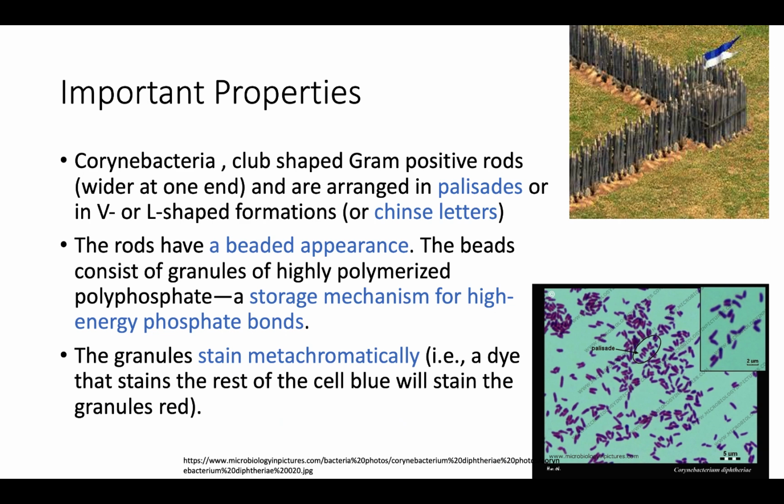So important properties. Corynebacterium diphtheroids and diphtheriae, all of them, are club-shaped gram-positive rods. They are relaxed more, so they might be V or L-shaped, and they are arranged in Chinese letter patterns like this. If you look at them from far away, they are arranged in sort of a random manner, so they can look like Chinese letters.